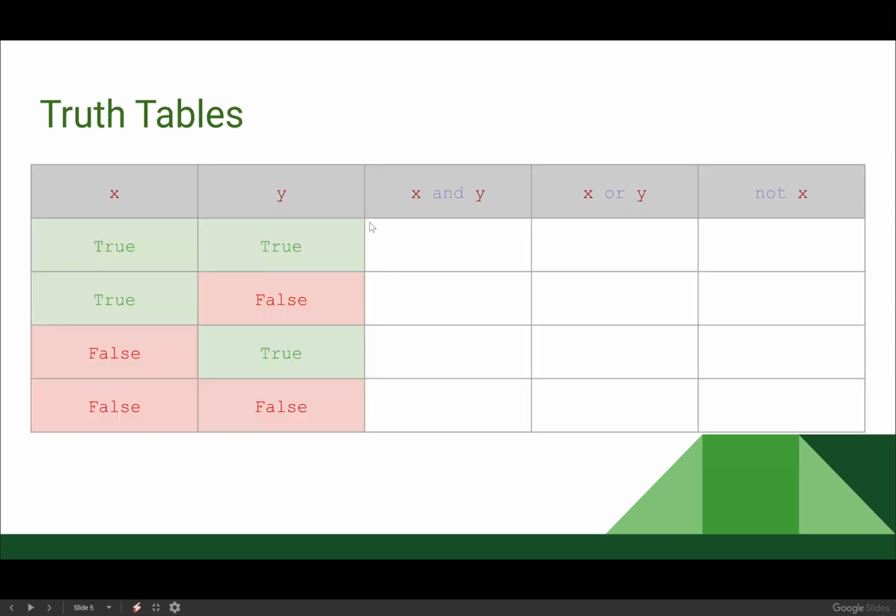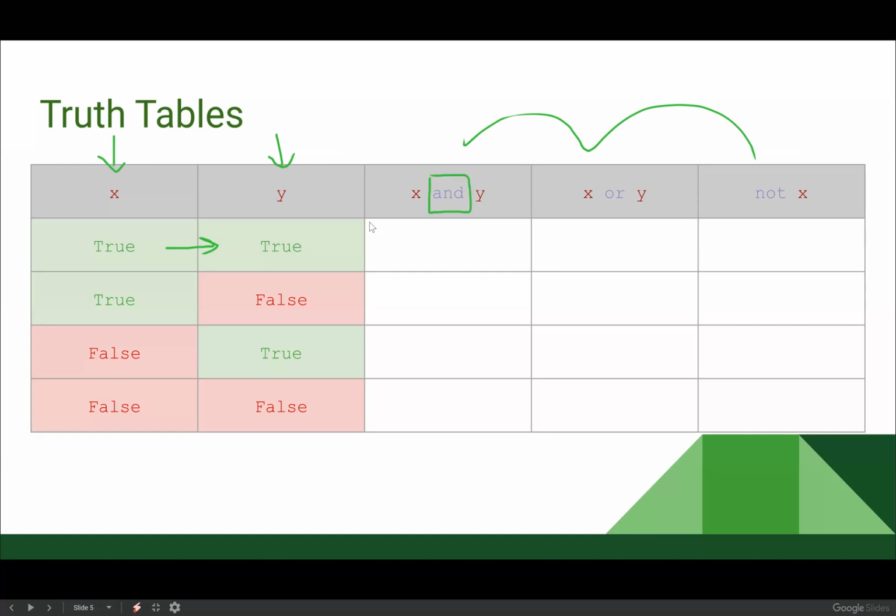So let's do a little thought practice. This is called a truth table. Our first two columns are our X and Y values, and then in each of these columns, we're going to fill in what the value is when that row, we use that logical operator.